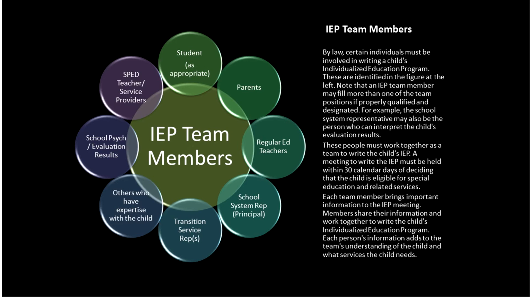It's really important that as all of these team members are taking part in the meeting, they have important information about that student. So it's really important to emphasize communication and teamwork for each member to provide the information on the child to really make a well-written, progressive, appropriate plan for the student.